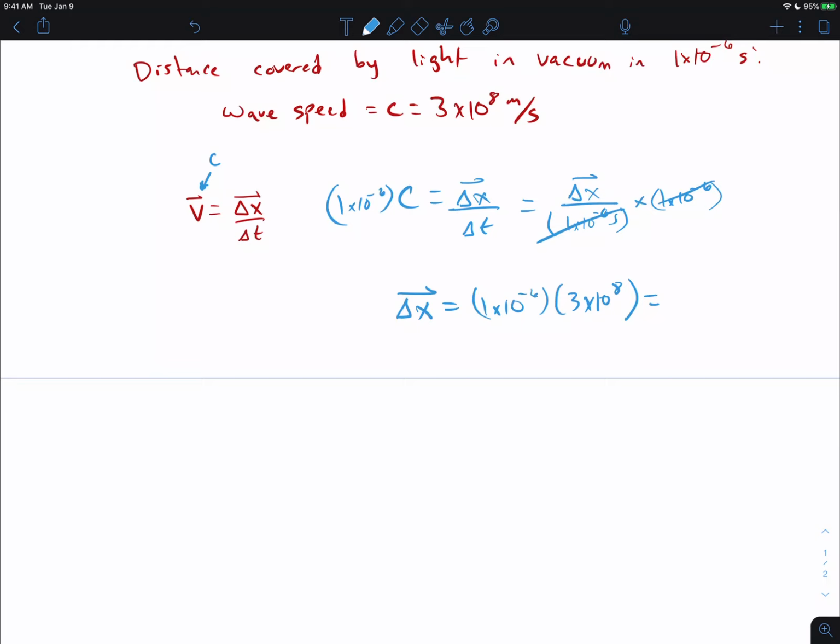Let's go ahead and calculate this. This will be 3 times 10 to the 2, I believe. So we've got 300, right? So in 1 microsecond, my light will travel over 300 meters.